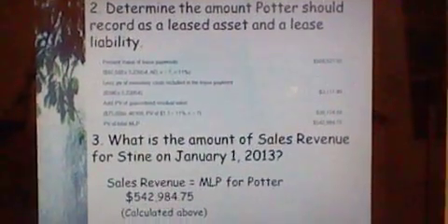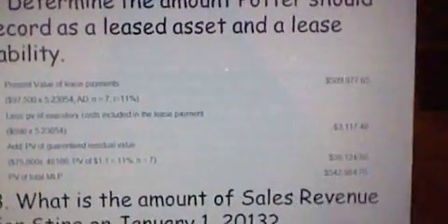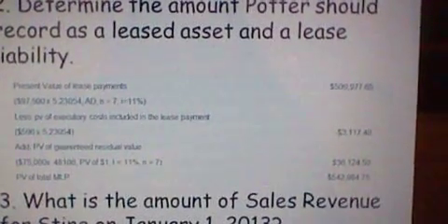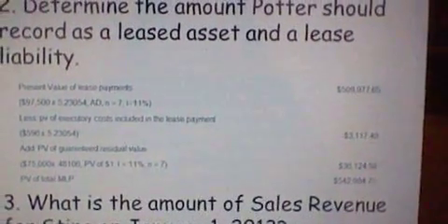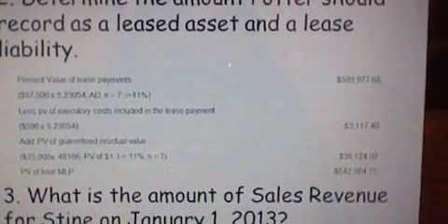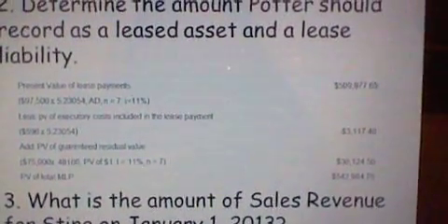Question 2 asks, determine the amount Potter should record as a leased asset and a lease liability. To answer that, we need to find the PV of total MLP, total minimum lease payments. Now, I've included a chart with all of the numbers used in the problem and the annuity factors, which was also given in the problem.